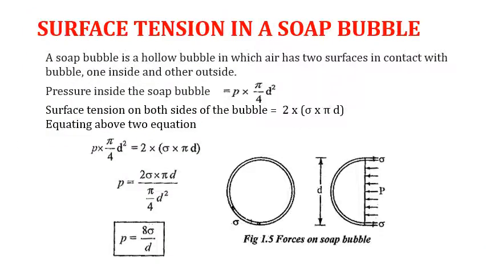So let's see the surface tension in a soap bubble. A soap bubble is basically a hollow bubble in which its two surfaces are in contact with air, one inside and the other outside. So the pressure force inside the bubble is the same as computed previously, P into pi by 4 d square.